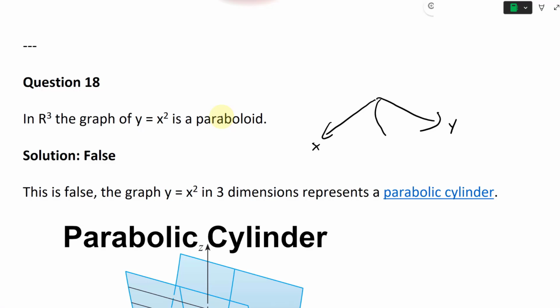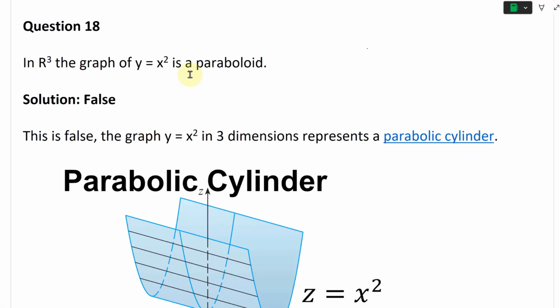The y is parabolic, and the x is linear, and then you square it. But then we have the z component, so this is going to be a parabolic cylinder, not a paraboloid. It's just a basic cylinder.